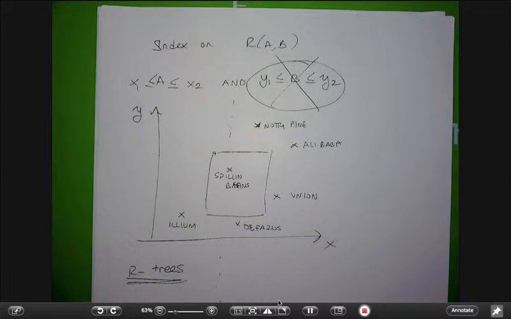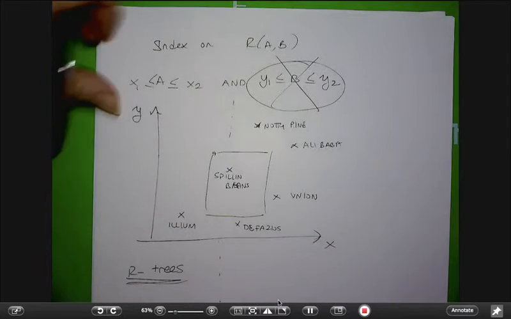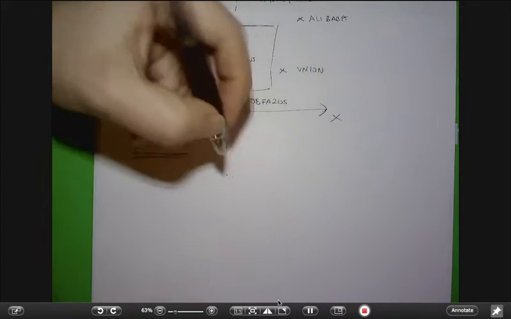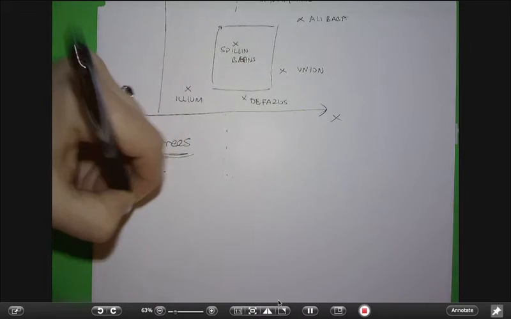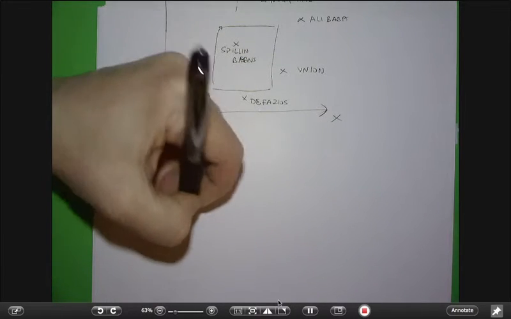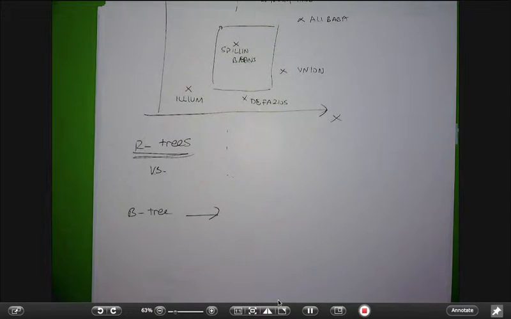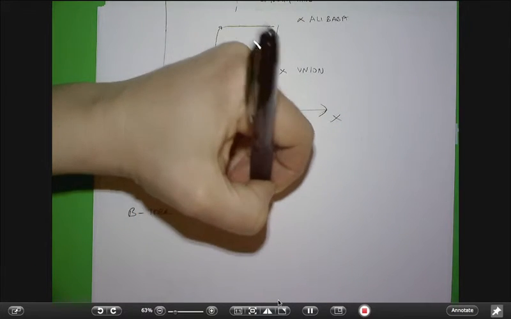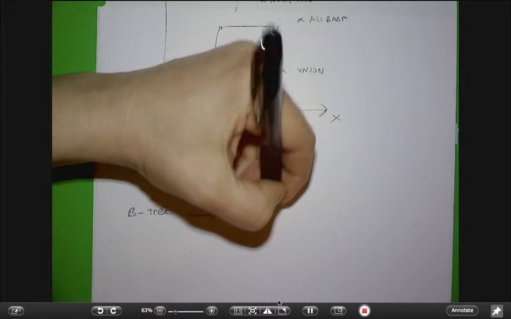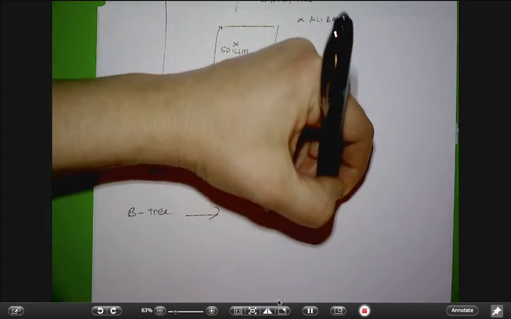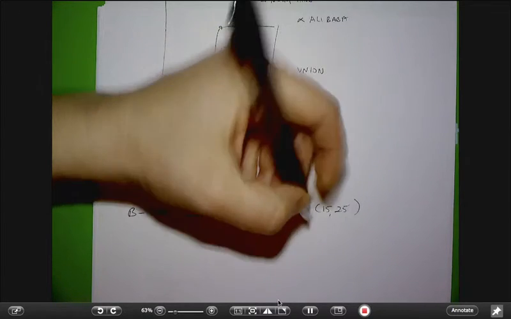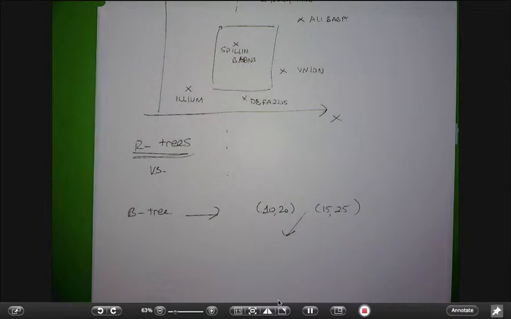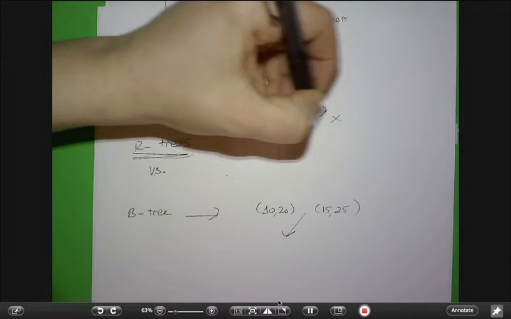So what R-trees would do is they would be exactly like a B-tree. Remember, in a B-tree, you basically have ranges, like 1020 to 1525. If it is between those two values, follow this pointer. Whereas in R-trees, what you will have is a rectangle.